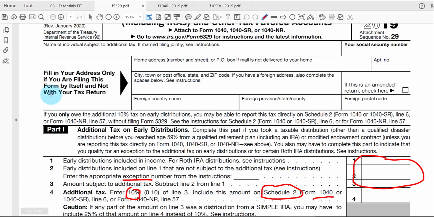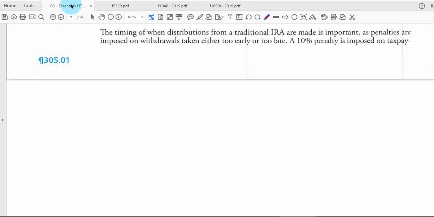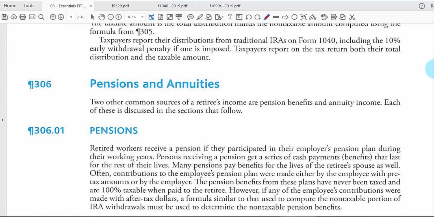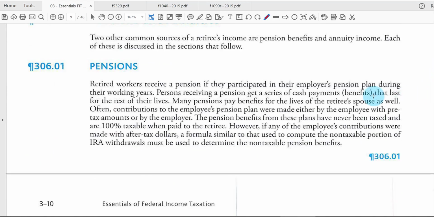Let's take a look at the main topic for this video, which is the taxable part of any pension distribution. So pensions are typically retirement plans that are set up by the employer, versus, as we saw back in the previous video, individual retirement accounts, which are set up by the taxpayer or the employee. And most times, all the pension, all the profit sharing of the employer is going to be taxable to the employee.